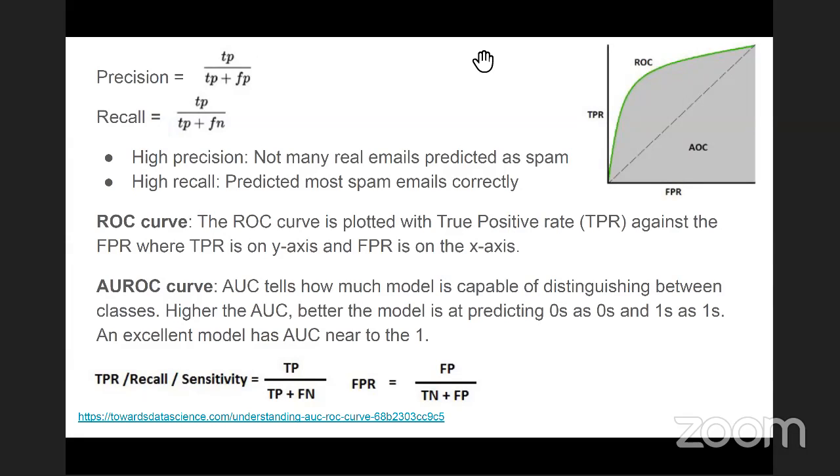Okay. Kasina? Sir, by looking at the graph, we would prefer to have a higher true positive rate and a lower false positive rate, correct? Yes. Then here it says the higher the area under the curve, the more preferable.